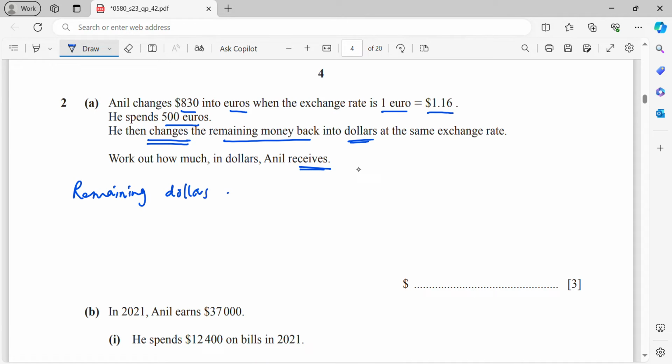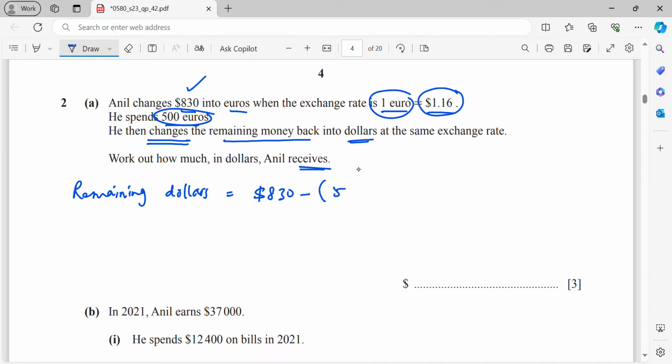The remaining dollars equals to, I need to know how much he has spent, right? So initially he has $830. So now I minus whatever he has spent in dollars. So remember, 1 euro is $1.16. Therefore now he spent 500 euros.